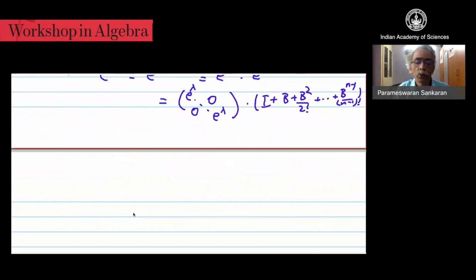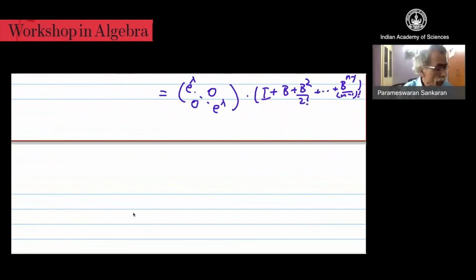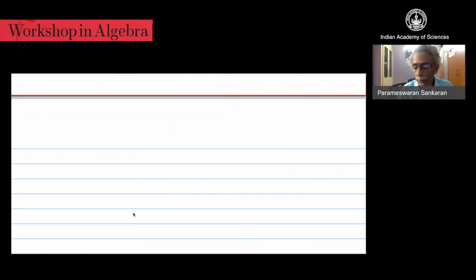Okay, so now let's proceed further. Now I'm going to talk about some property of the exponential map, which is extremely important. So we have a map, the exponential, from matrices into GLn(R).